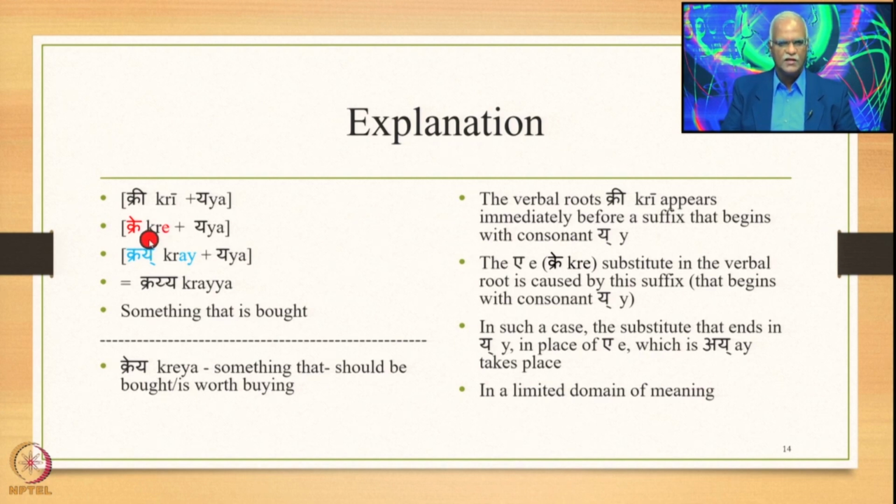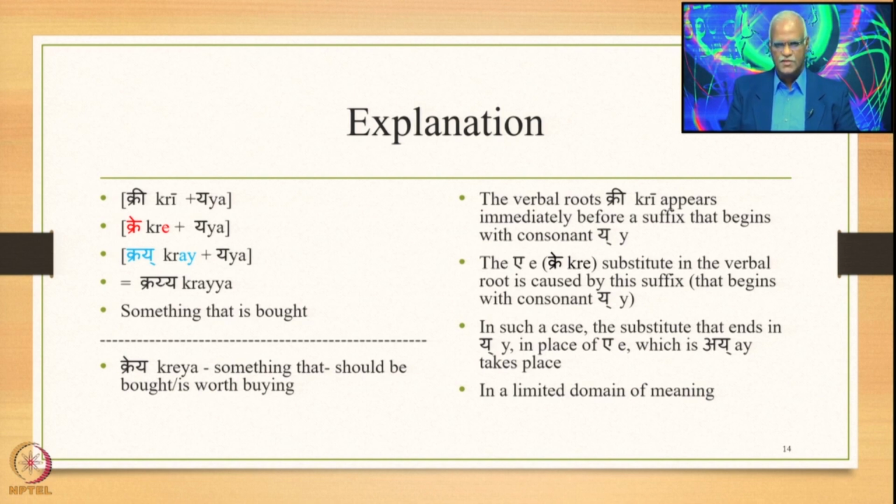So this kre is to be substituted by kraya, e is to be substituted by aya, and so we get the form kraya plus ya, kraya, something that is bought. And kreya, if we stop just here, kre plus ya will mean something that should be bought, or that is worth buying.